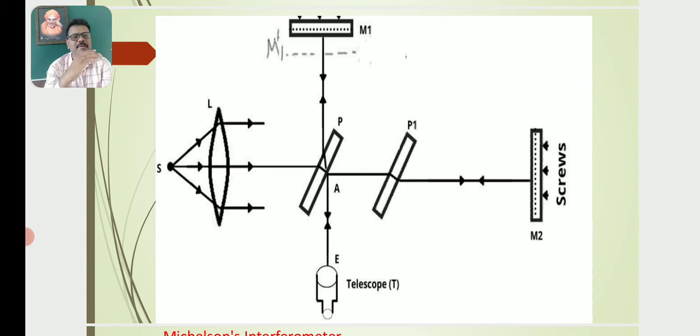Suppose either M2 or M1 is moved, then the fringes in the field of view gradually move, maybe to the right side or maybe to the left, depending upon the nature of movement of the mirrors M1 and M2. So this is the arrangement of the Michelson interferometer, and then the working of the Michelson interferometer.